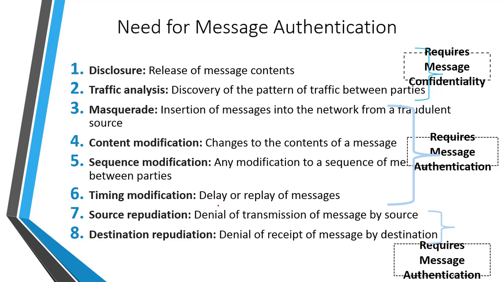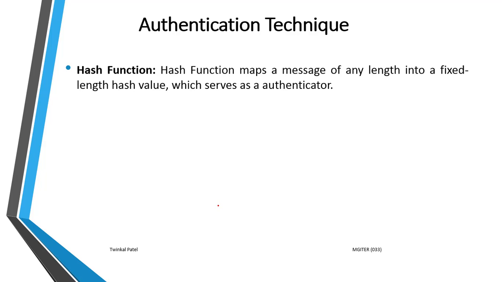So now we will see authentication techniques. First authentication technique is hash function. A hash function maps a message of any length into a fixed length hash value, which serves as a message authenticator. Hash functions and their algorithms we have discussed in the earlier lectures.